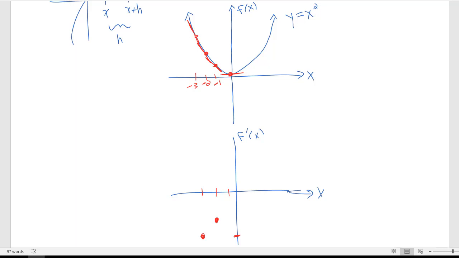So if this slope was -5, and we said this slope was -3, then let's say this slope here is -1. So at this x value, I'm going to come down to my derivative and plot a y of -1. And then here at x equals 0, I can see the horizontal tangent. Remember that a horizontal line has a slope of 0. So my slope of 0 will become the y value of 0.